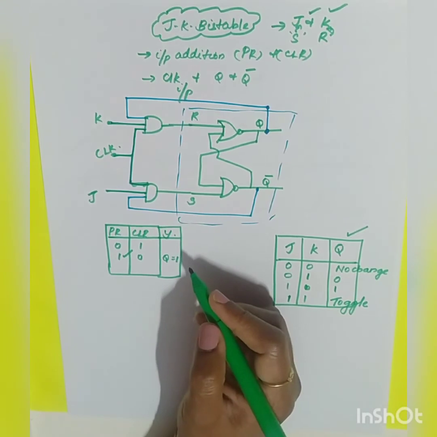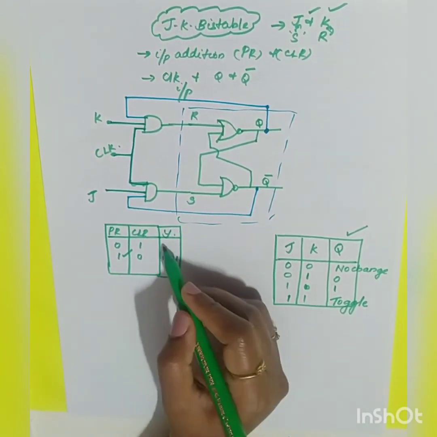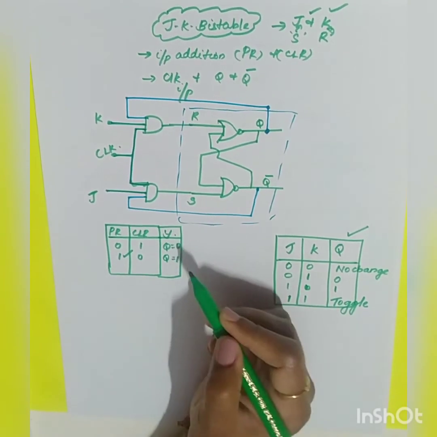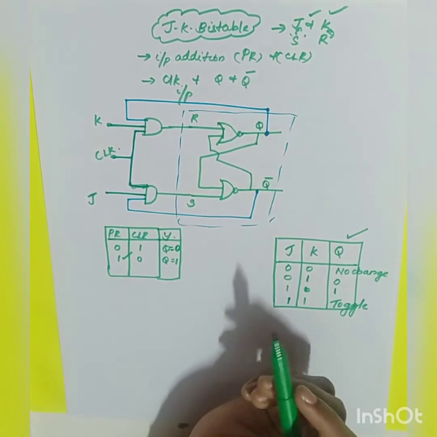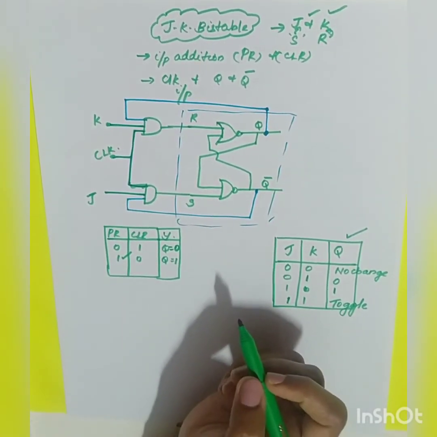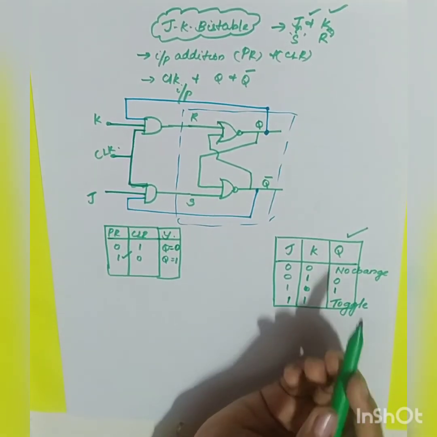Let it be Q is equal to 1. Now when you give a clear, your output Q will be cleared with 0 value. It will be cleared with no data, before the start of any experiment or any logic operation. Okay, so let us check the condition now.